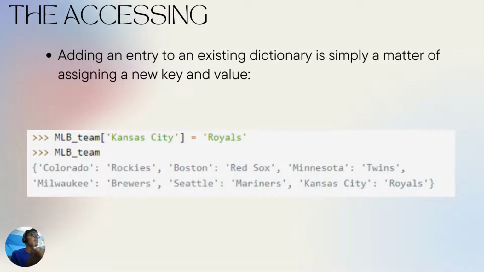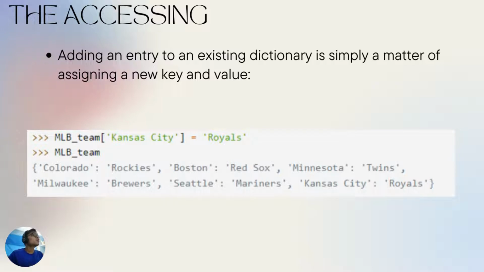Now, adding an entry to an existing dictionary is simply a matter of assigning a new key and value. Oh, this one is a very good one. Now, by this, what we can understand is dictionaries are mutable. Means they support mutable property like list.